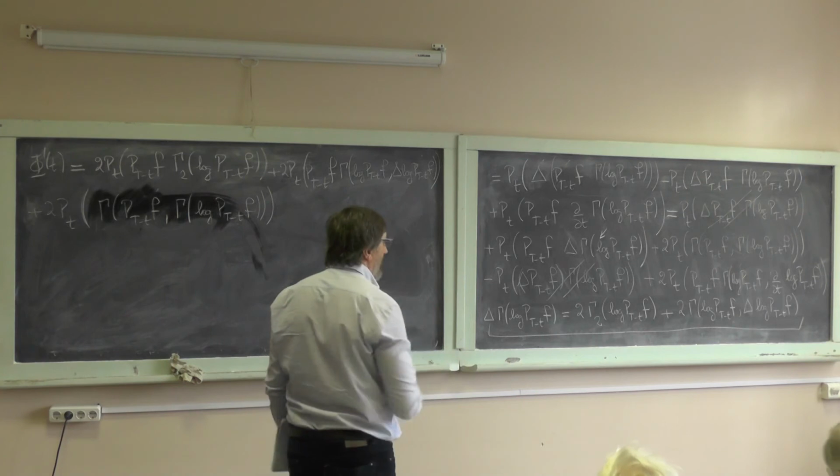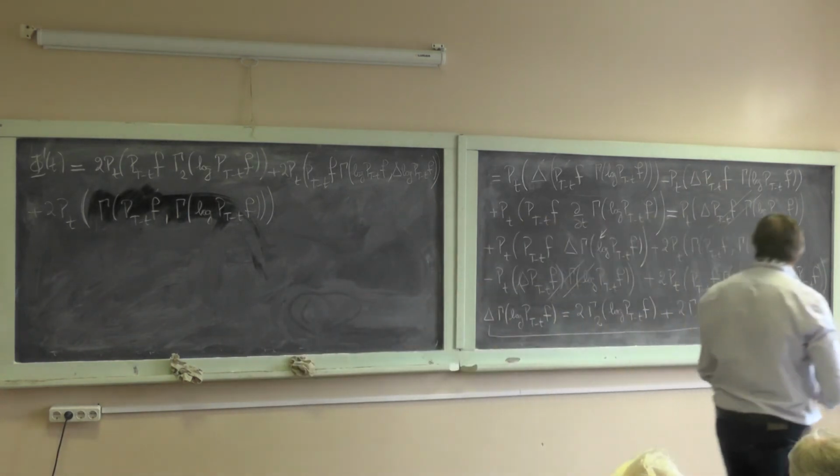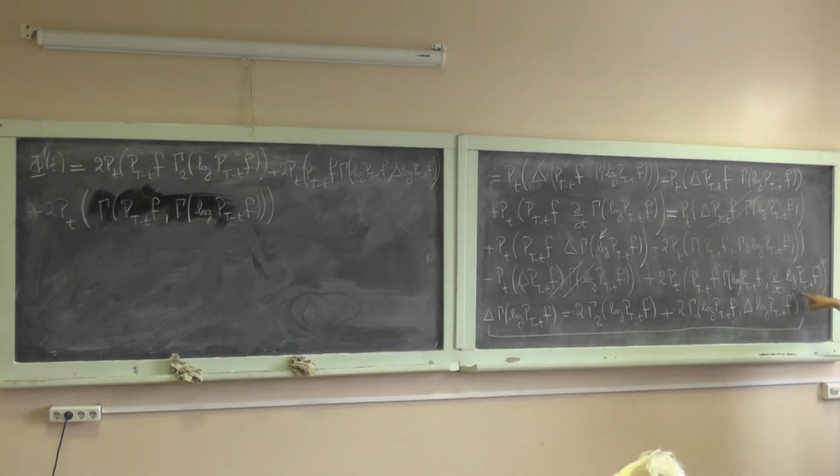And now let's look at the third term. So before I write it down, ddt of the log is going to be ddt of this divided by this. Okay, but ddt of this is equal to minus Laplacian of this.